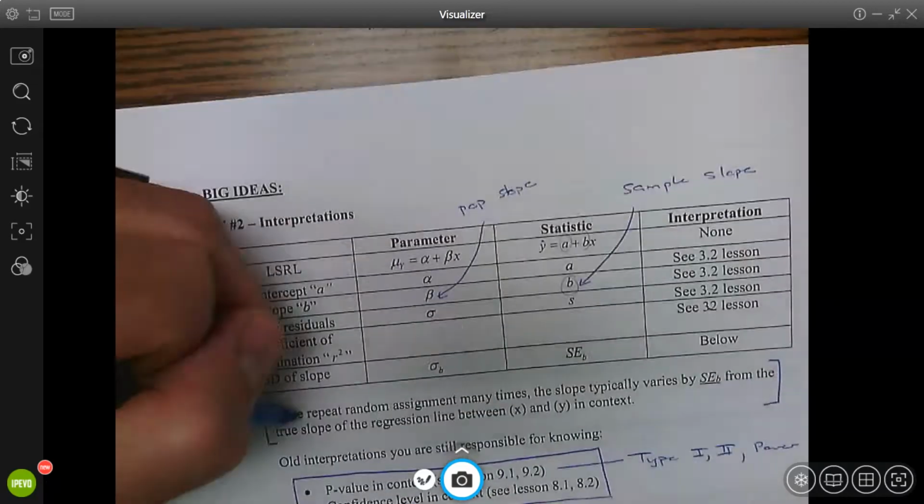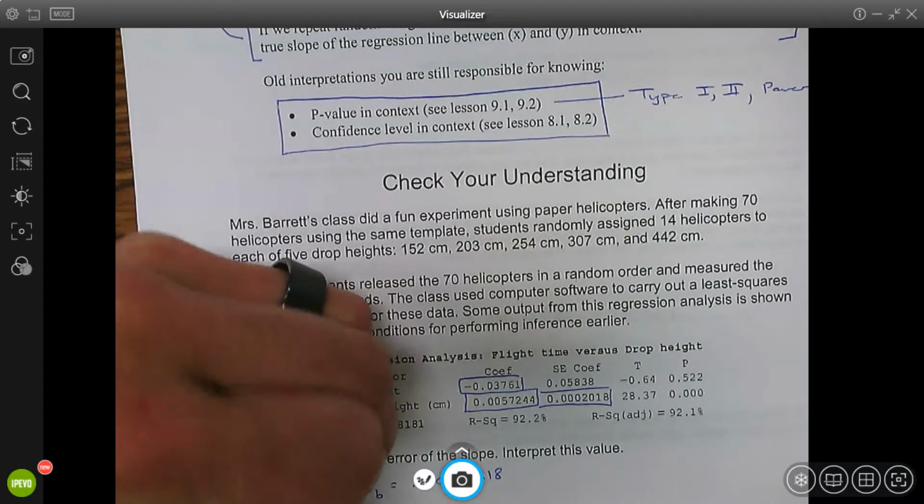Interpret the value. So I'm just going to fit it to this interpretation. It was random assignment. This was an experiment.